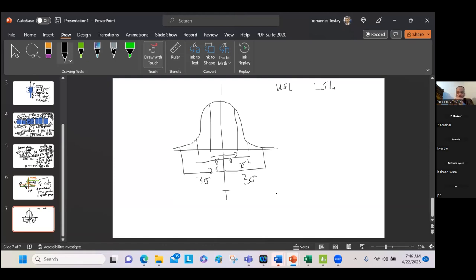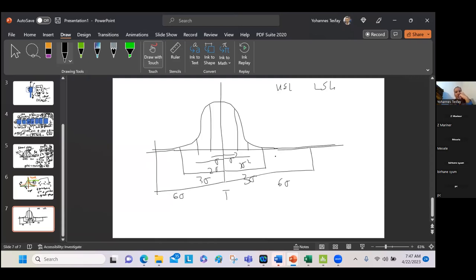Now if you increase again to this end, that is 6 sigma. So here is your 6 sigma. Think in that way.